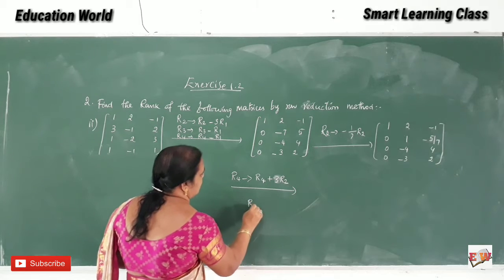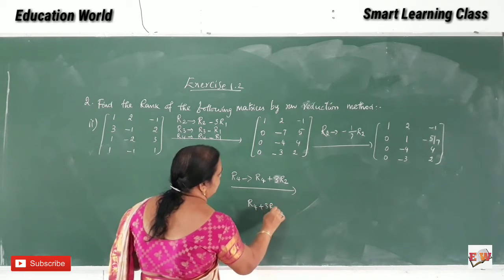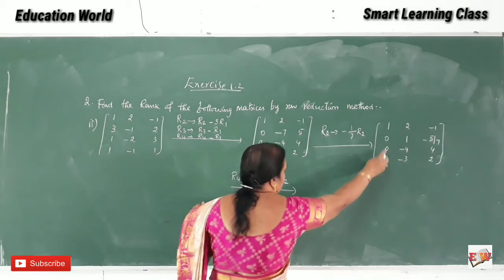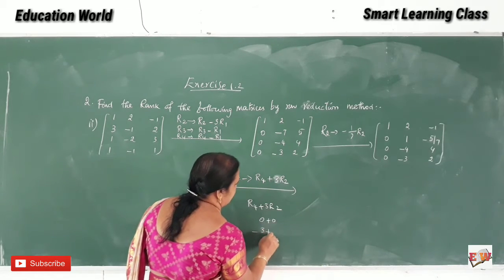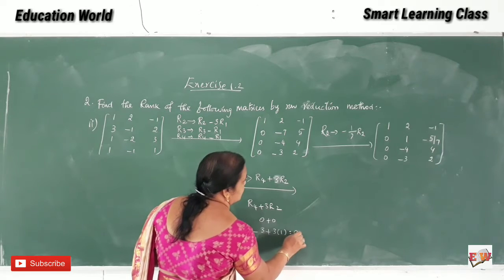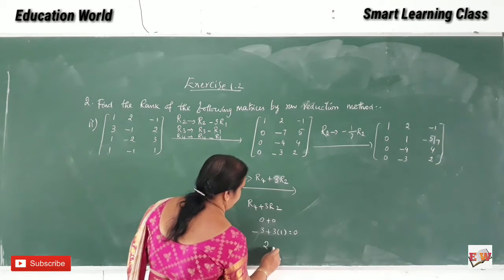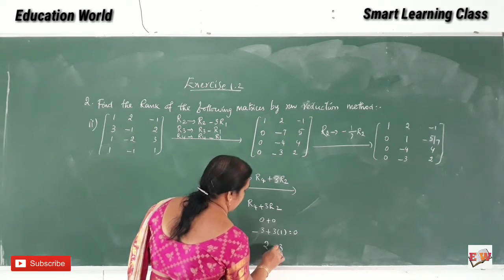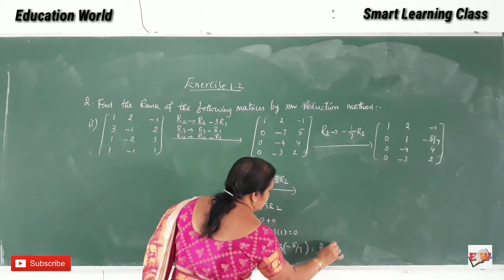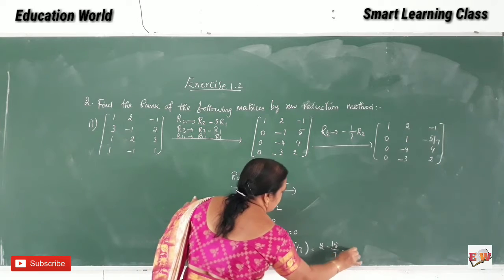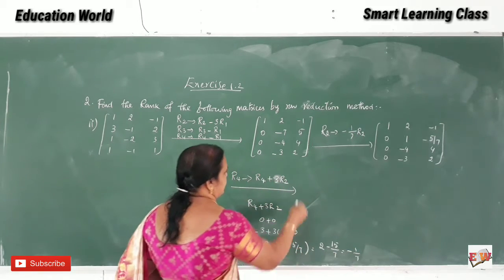What is that? R4 plus 3R2. See, 0 plus 0, 0, no problem. Here R4 minus 3 plus 3 into 1. Here also 0. 2 minus, here plus into minus 5 by 7. 2 minus 15 by 7. So we are getting minus 1 by 7.